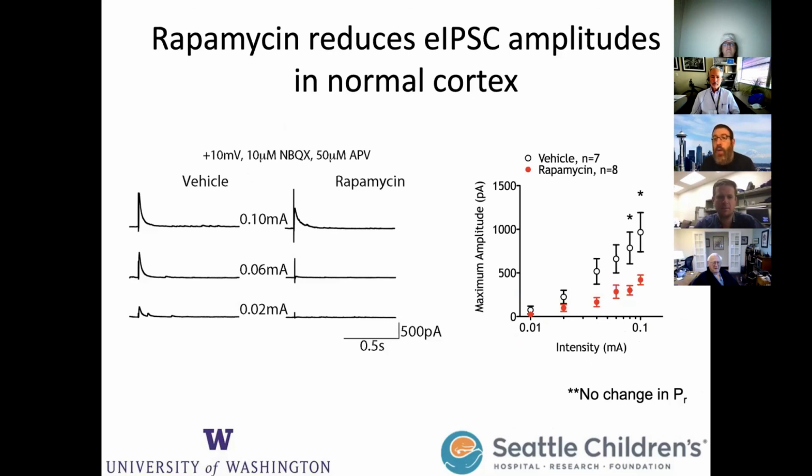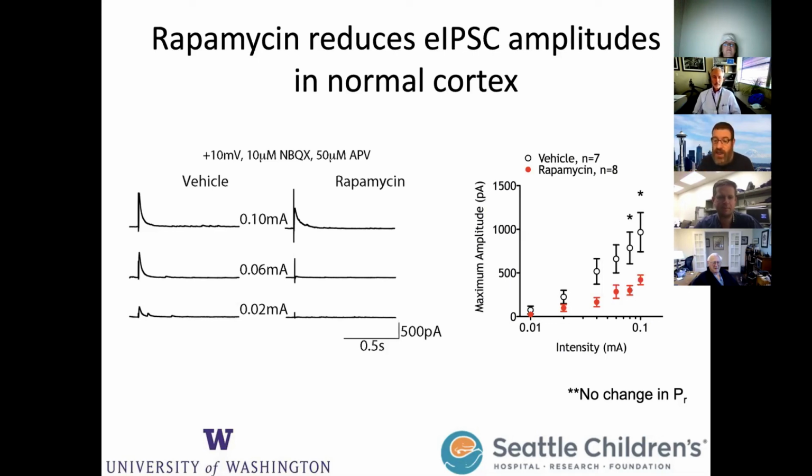Finally, you want to see whether or not you can evoke inhibitory events on these pyramidal neurons by placing an electrode in a different layer of cortex and stimulating it, and seeing if that results in a change of GABAergic neurotransmission at the level of the pyramidal neuron. And it turns out it does. When you give rapamycin, it actually changes the way these cells receive evoked inhibitory events.